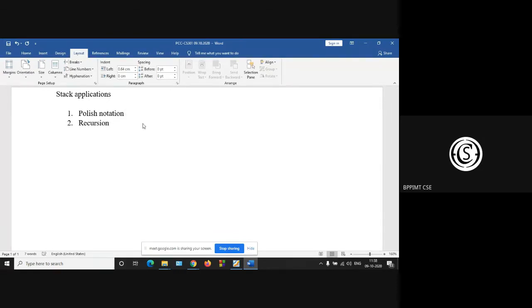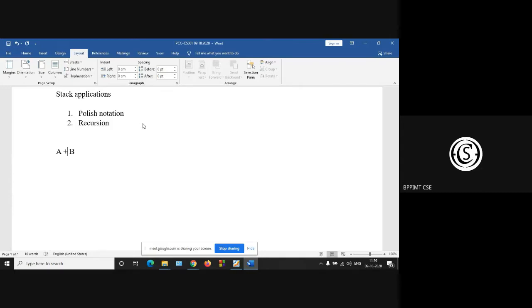So Polish notation: A plus B. Here two operands are there, A and B. And between two operands, there is only one operator, plus.